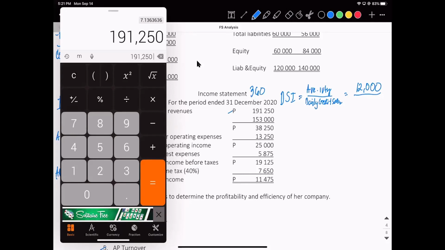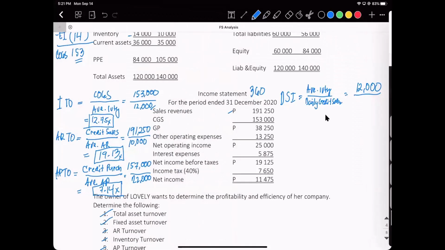Sir, excuse me po. Yung sa formula po, di ba po, sir, daily COGS po, hindi po daily credit sales. Very good. Yes. Thank you for that. Oo nga, no? Nalito ako. So, this is your daily COGS.